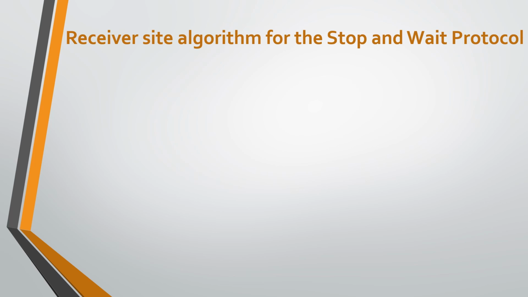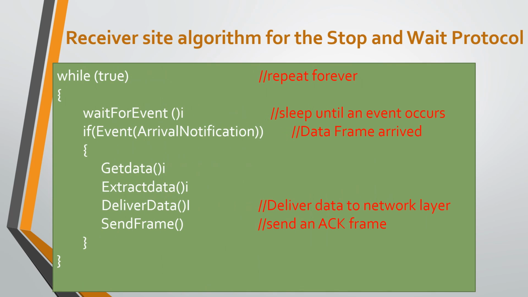Then the receiving side algorithm for the stop and wait protocol. Here only one event occurs, which is related to the arrival notification of data from the sender. When it gets the arrival notification from the physical layer to the data link layer, it gets the data from the physical layer, extracts that data by removing extra or control information from that frame, and delivers that data to the network layer of that receiver.